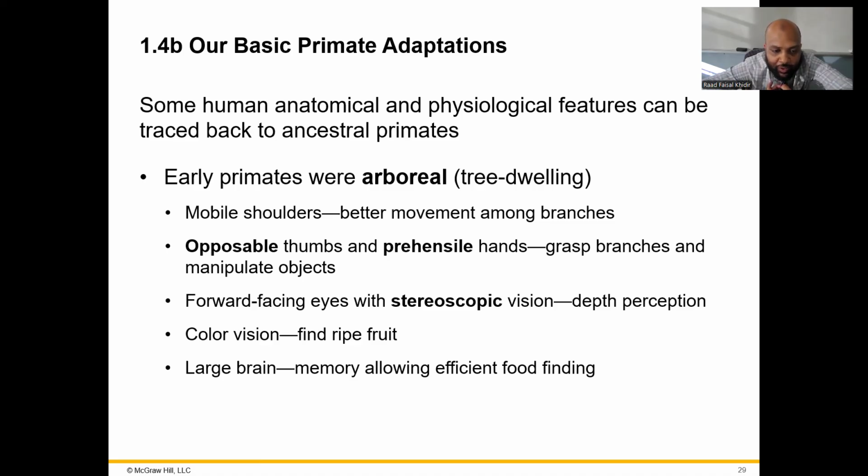We can see the color really well, so we can tell which fruit is ripe, which one is not. And then there is the large brain, and the large brain is memory, allowing efficient food finding.